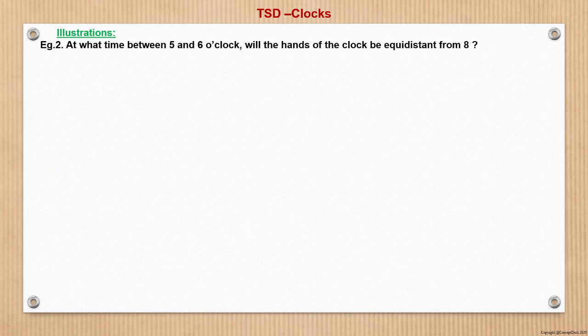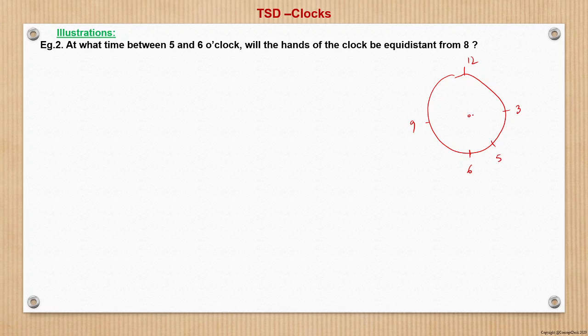Moving to the next question. At what time between 5 and 6 o'clock will the hands of the clock be equidistant from 8? So another, similar question with a bit of extra concept here. Let us see. It says at what time between 5 and 6 o'clock, so 5 would be somewhere here.